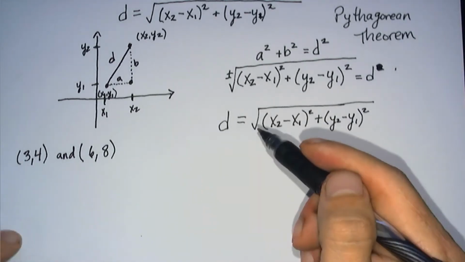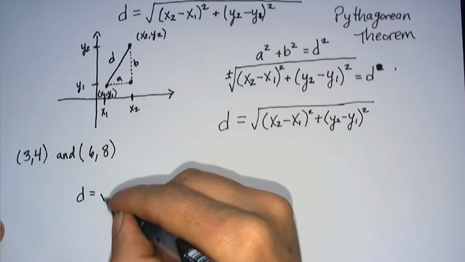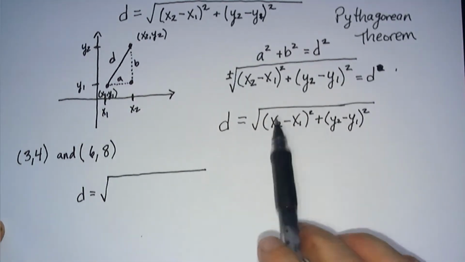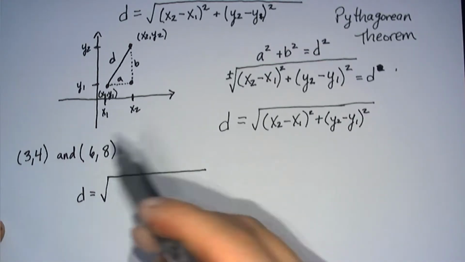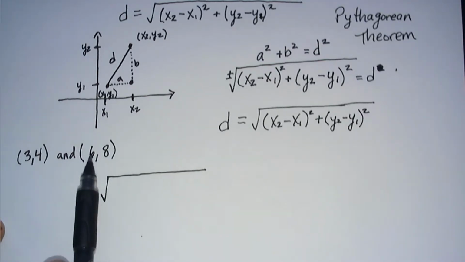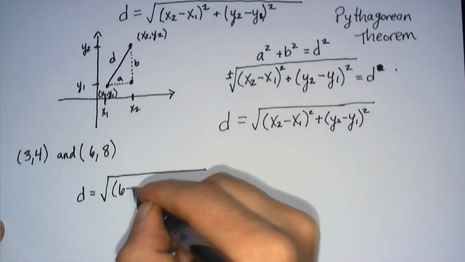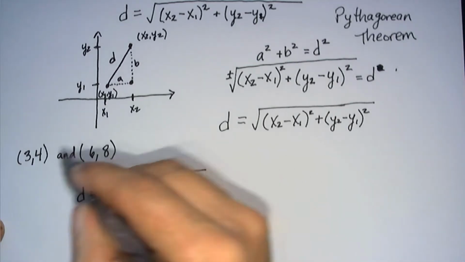So the distance is the square root of, now, does it matter which one is x2 or x1? No, just as long as if this is x2, this is y2. They have to start the same way. So I'm going to start this way and subtract, that's going to be 6 minus 3 squared plus 8 minus 4 squared.